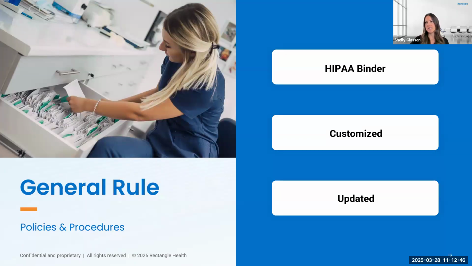So the HIPAA binder needs to be customized to the practice, it needs to be updated over time, and it needs to be accessible to every single employee at the practice so that they can always come back to the policies and refer to them to make sure that they are adhering to the laws.